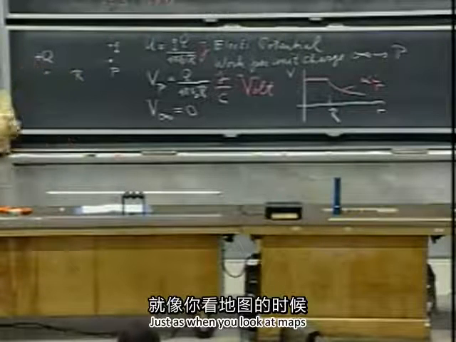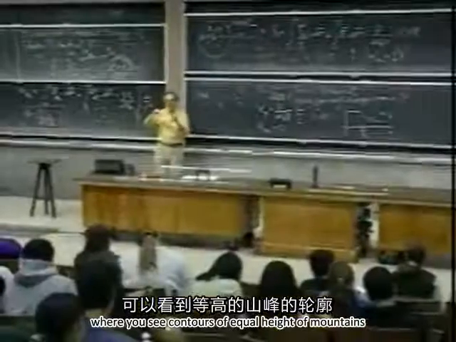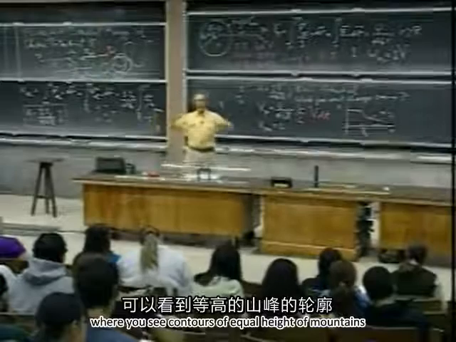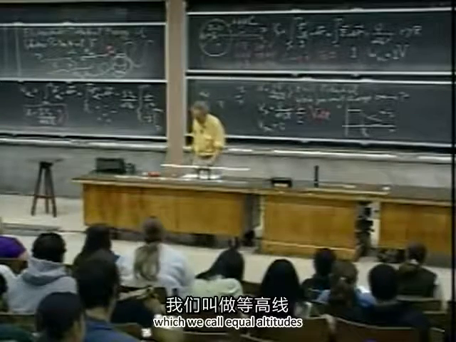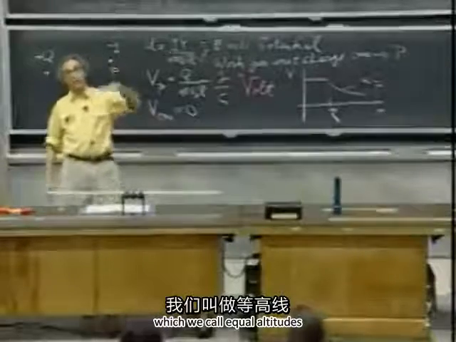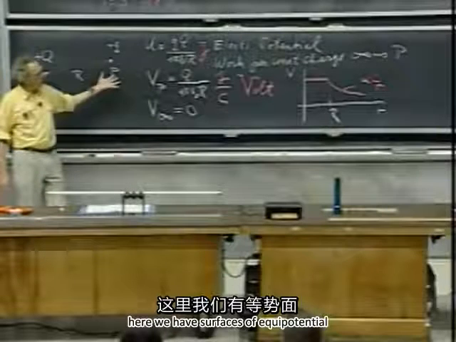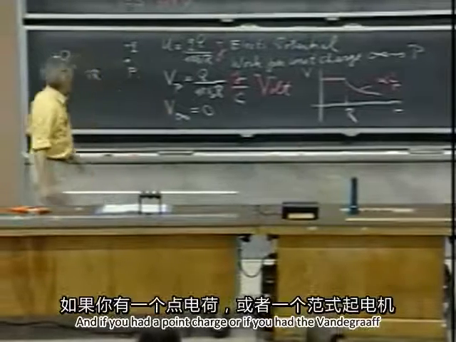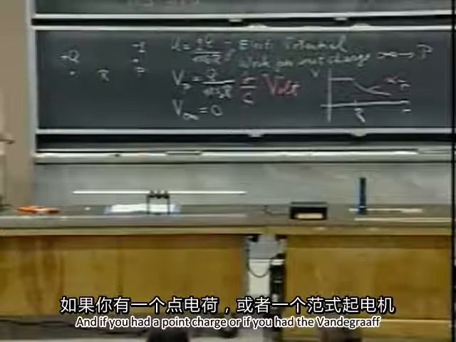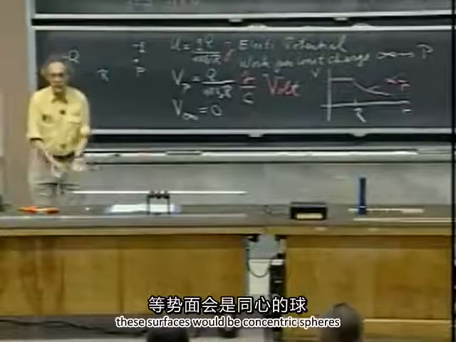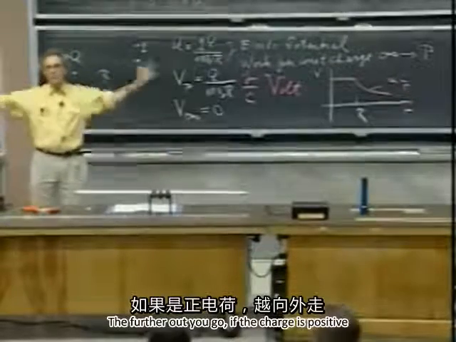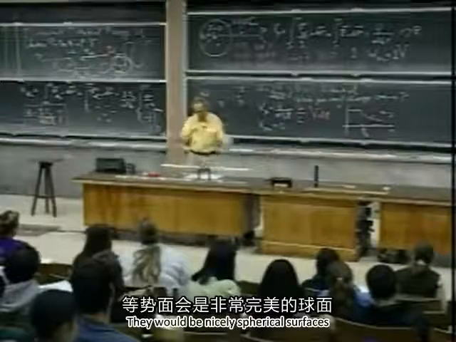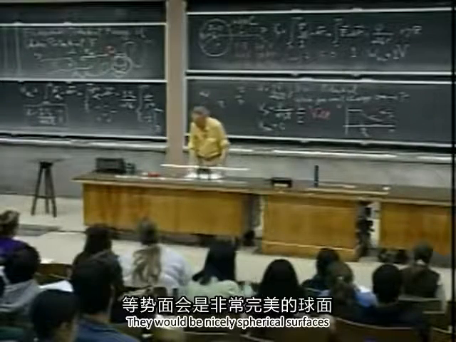Just as when you look at maps, where you see contours of equal height of mountains, which we call equal altitudes, here we have surfaces of equipotential. And if you had a point charge, or if you had the Van de Graaff, these surfaces would be concentric spheres. The further out you go, if the charge is positive, the lower the potential would be. They would be nicely spherical surfaces.